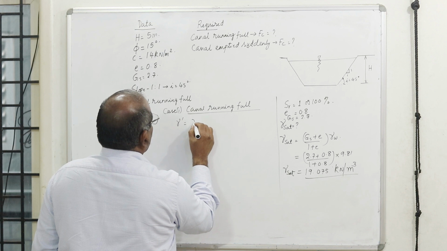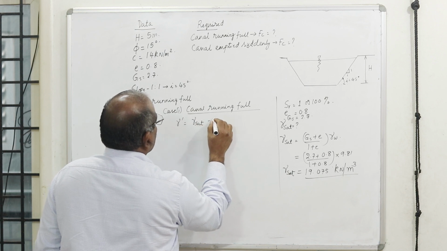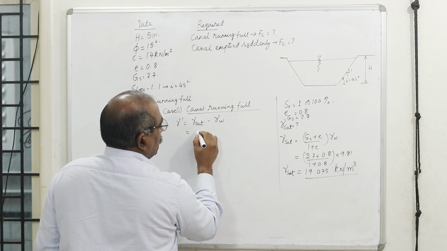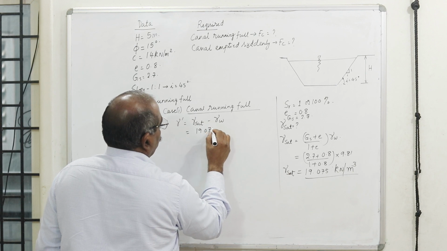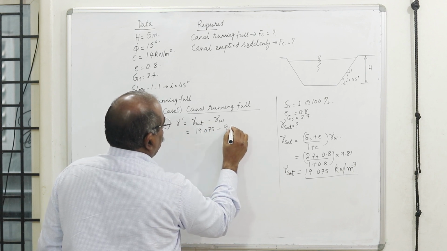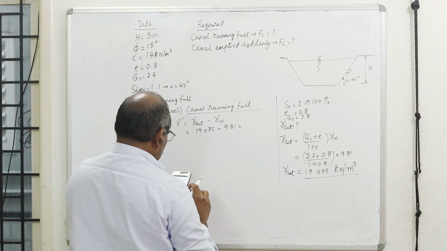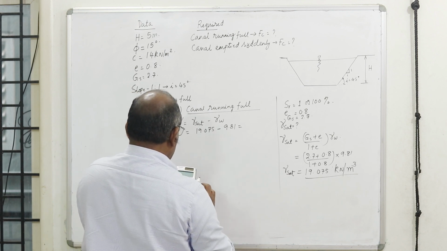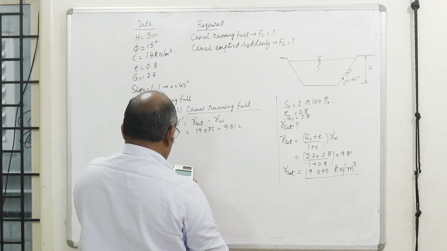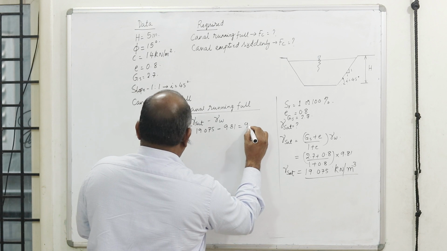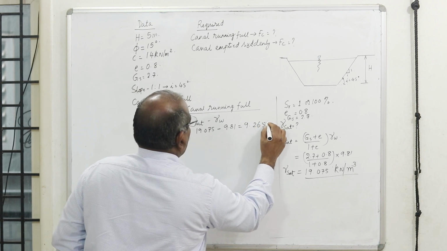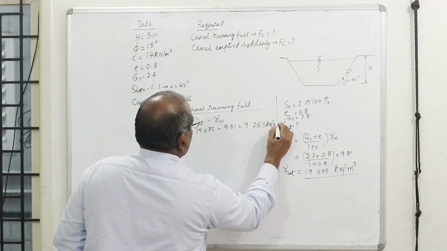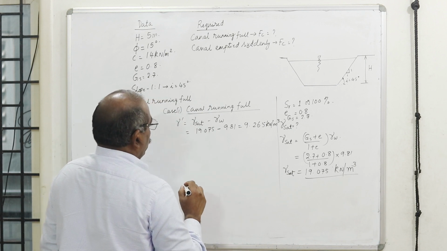Gamma submerged is equal to gamma saturated minus gamma W. What is gamma saturated? 19.075 minus 9.81 is equal to 9.265 kilonewton per meter cube. Never forget to write the units.